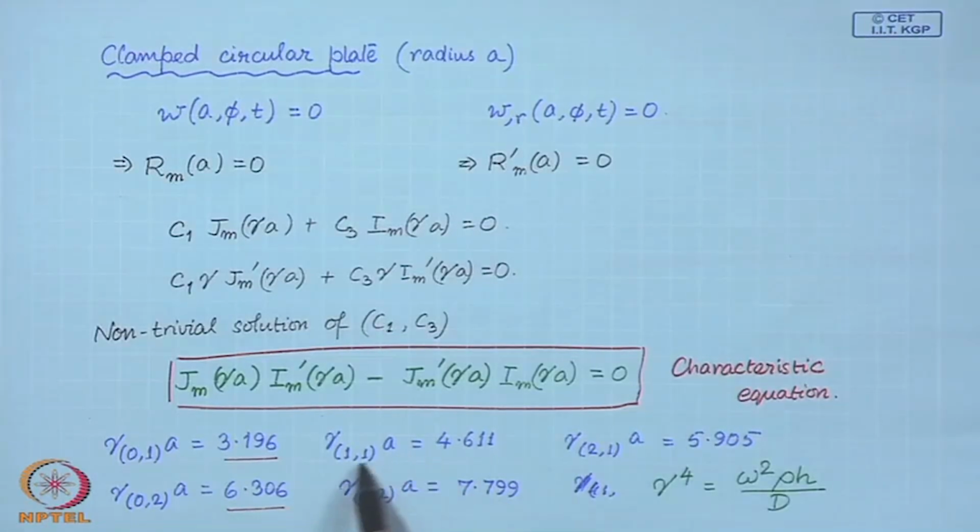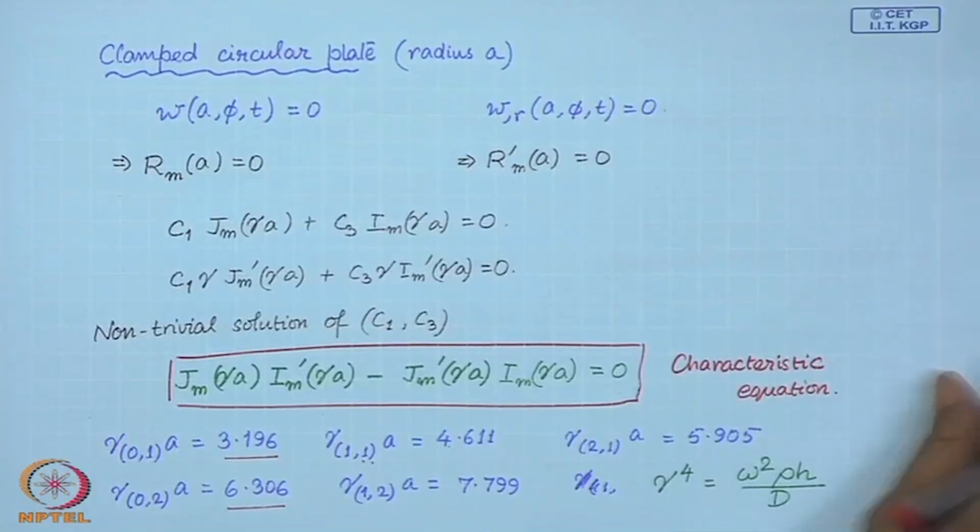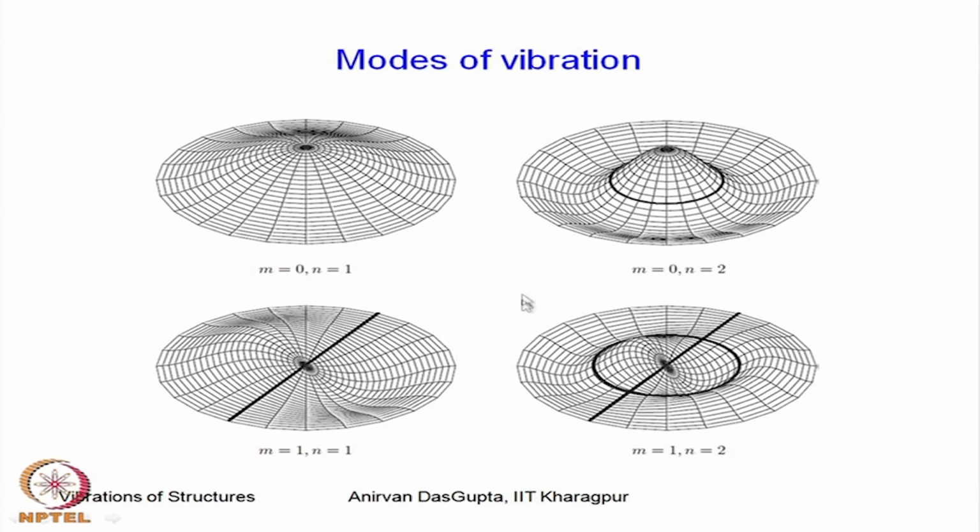Now, we also have 1 1 and 1 2. These are the second and the fifth mode. On this figure once again you can see 1 1. This is a mode with one nodal diameter, and 1 2 has one nodal diameter and one nodal circle.